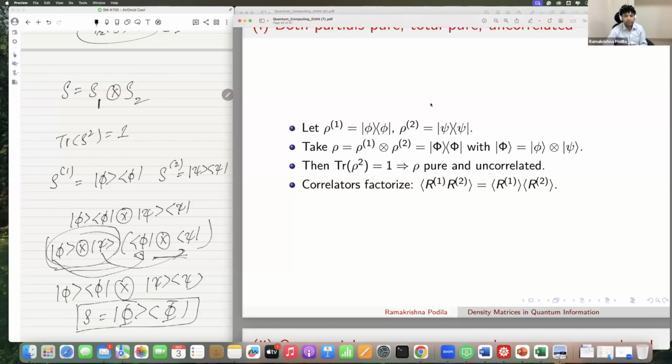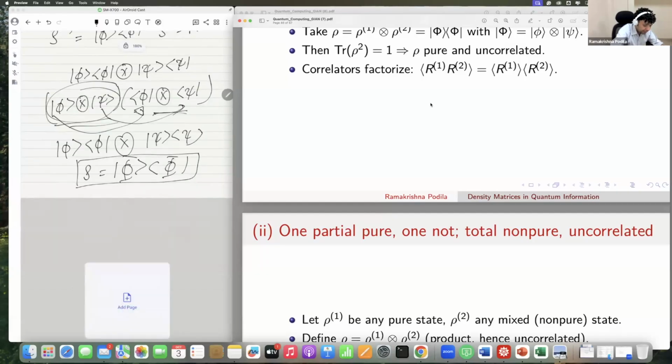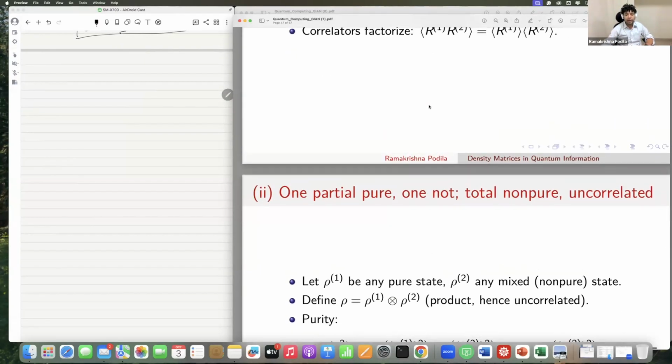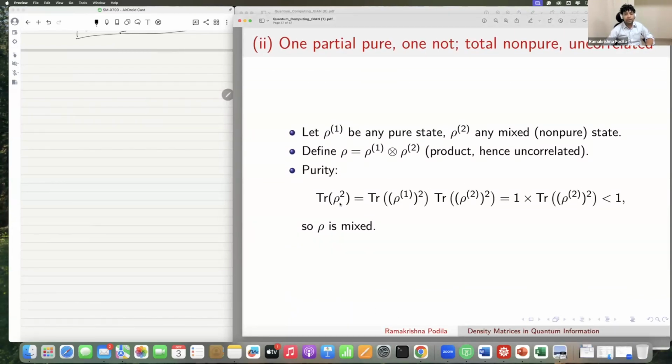Okay, now let's look at the other case where one is a pure state, but the other is not a pure state. Would they be correlated? If I have the trace of rho squared, we saw that it is rho 1 times rho 2. So the trace of rho squared is the trace of rho 1 tensor product rho 2, squared.